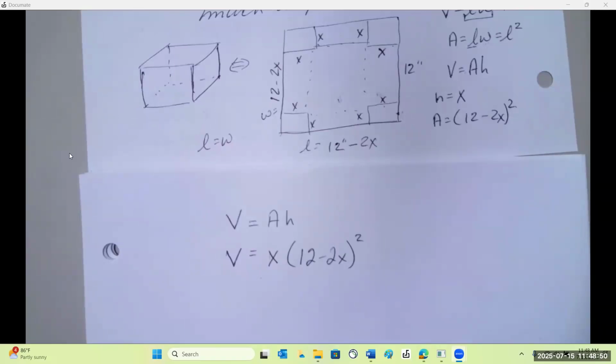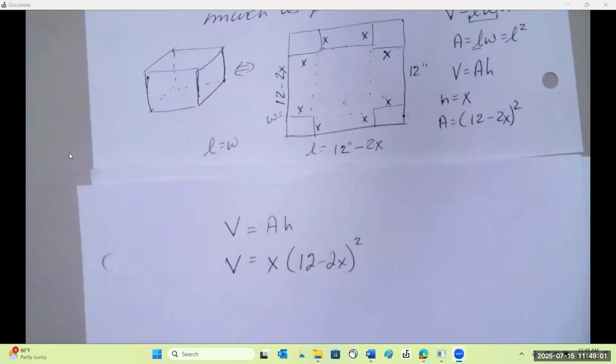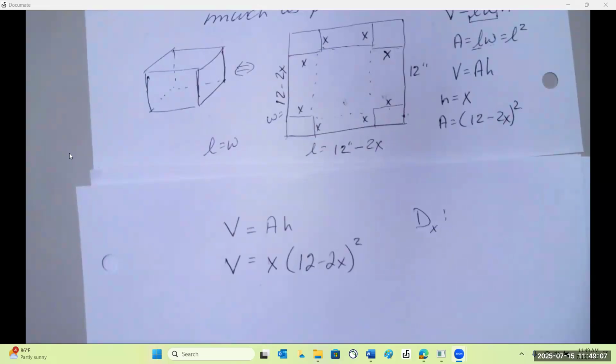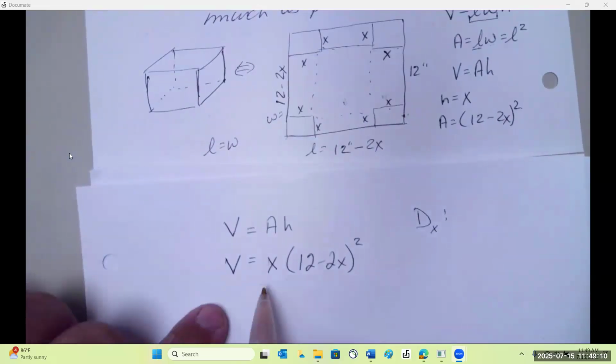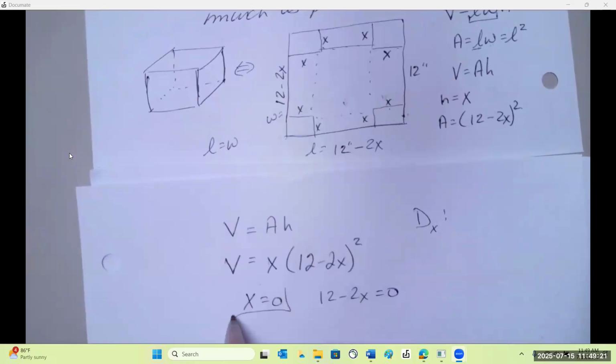And we're looking for the maximum volume. We have to define also our domain. What parameters, what's the smallest we can have for x and what's the largest we can have for x? What's the domain of x? Looking at this equation here, this is our volume. What's the smallest it can be? Well, if we set both of these equal to 0, x equals 0, and then 12 equals 2x, so x equals 6.